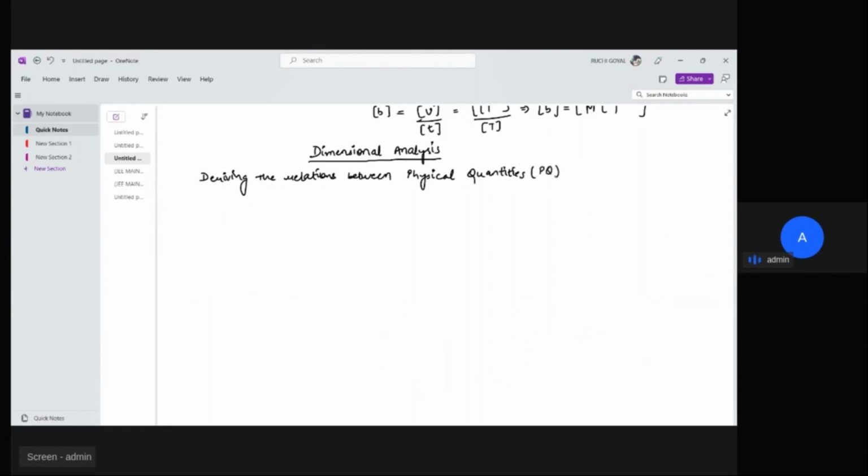Physical quantities (PQ) can be related using dimensional analysis (DA), right?